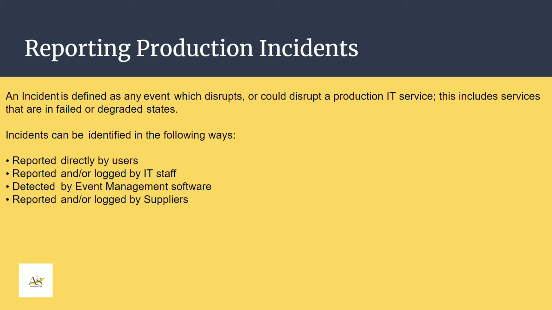Next is if it's reported or logged by a supplier. Like I was telling you about Amazon, you're a reseller and you have a problem with Amazon. But what if Amazon itself reported to you, hey, by the way, I have a disruption going on, and this will impact anybody who comes to you as a reseller, and your products or services might not be available or accessible to users.